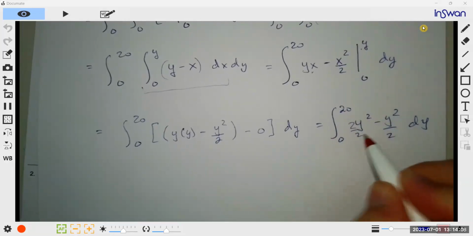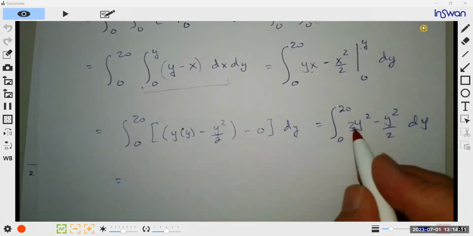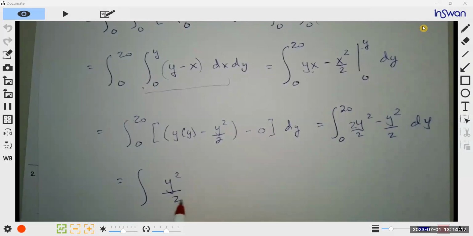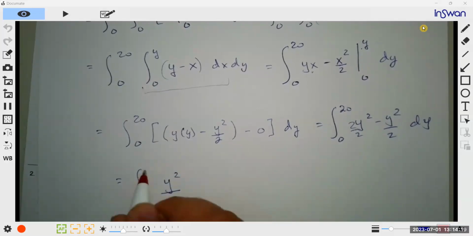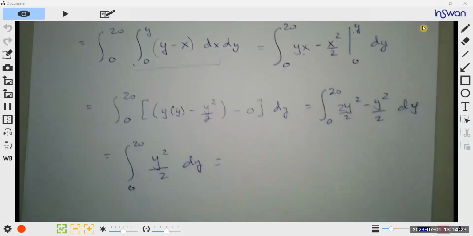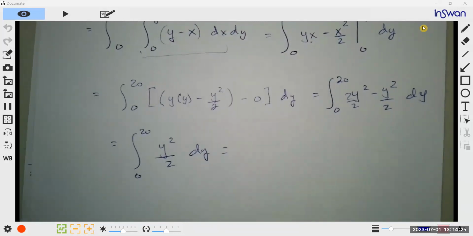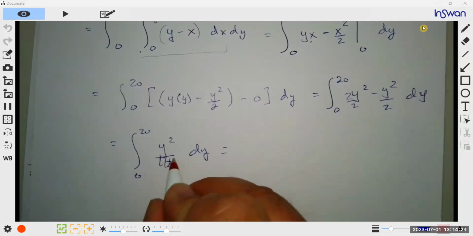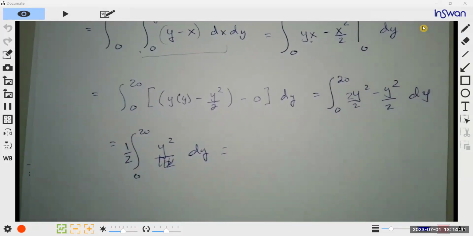This is the same as 2 over 2, so 2 minus 1 is 1 over 2. So we take out the fraction since it's a constant.